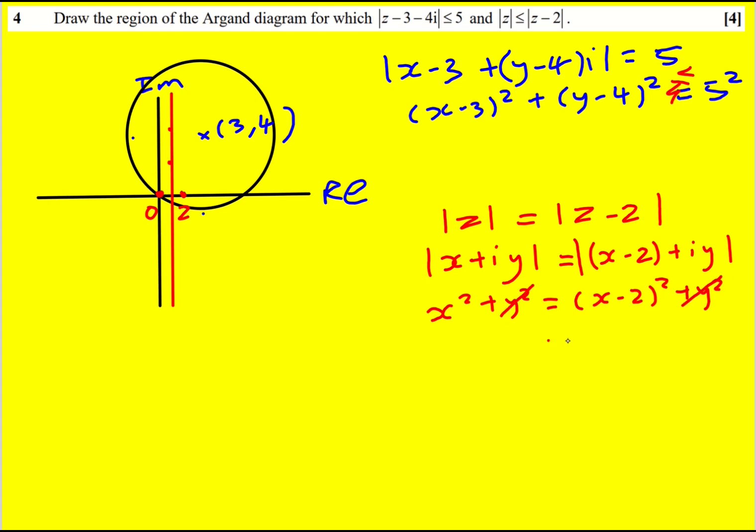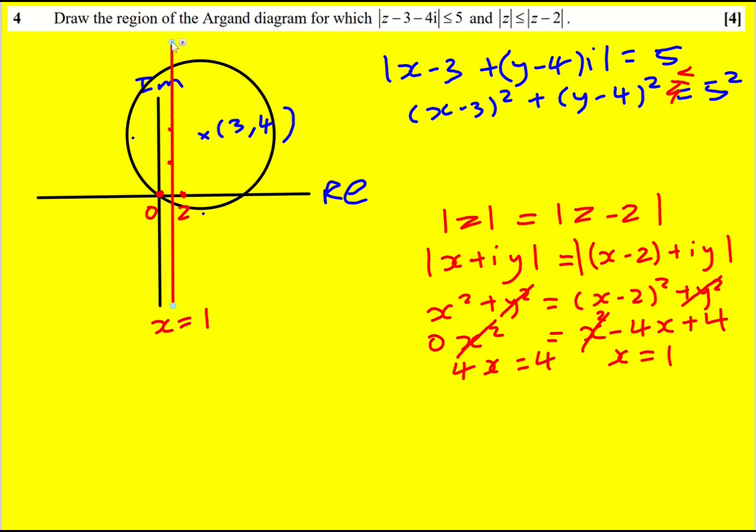This expands to x squared minus 4x plus 4. The x squareds cancel, doing a bit too fast. Then 4x equals 4, x equals 1. You can see we get the perpendicular bisector, and you can prove it in general. I'm just trying to give you different ways to remember it and understand it.